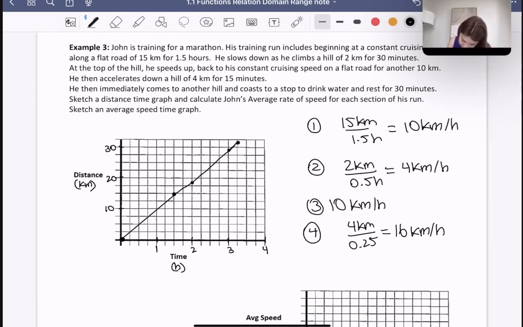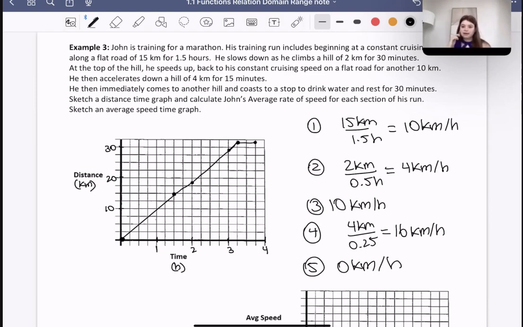Then it says he immediately comes to another hill and coasts to a stop, takes a drink of water and rests for 30 minutes. So for the next 30 minutes he rests and doesn't go any speed at all. For that part, of course, he's going 0 kilometers per hour. Good. Okay, so there we go.